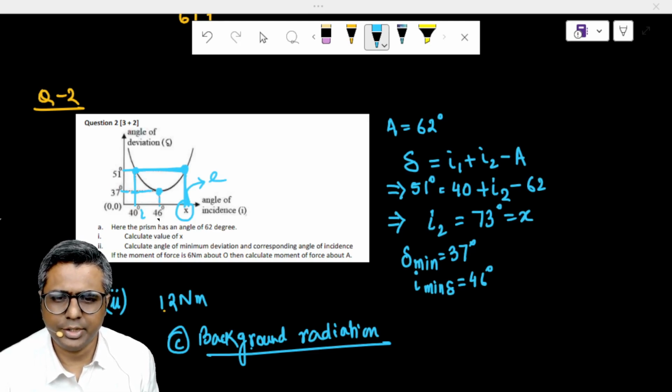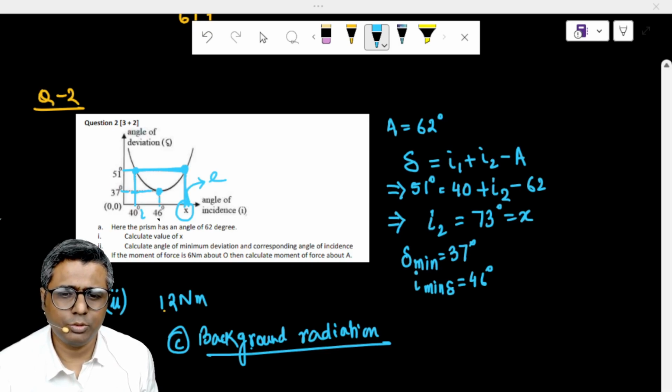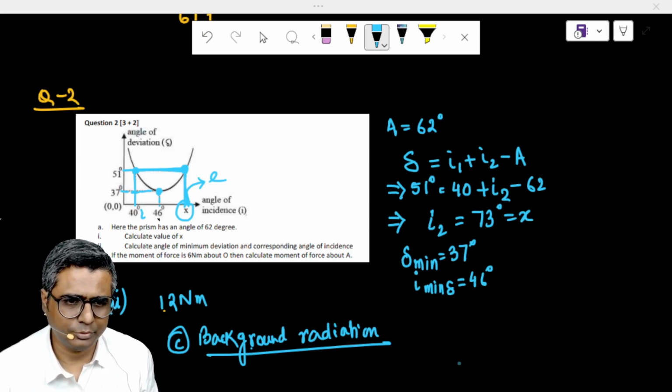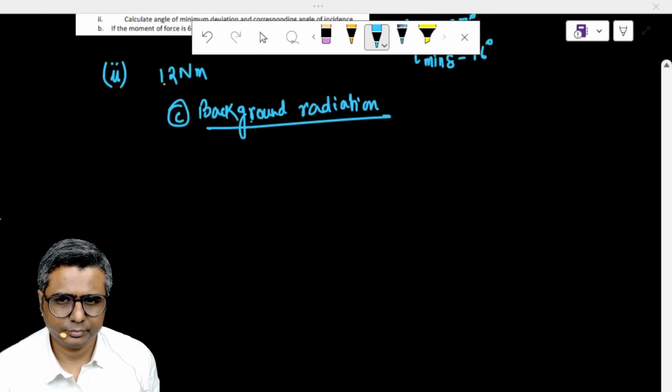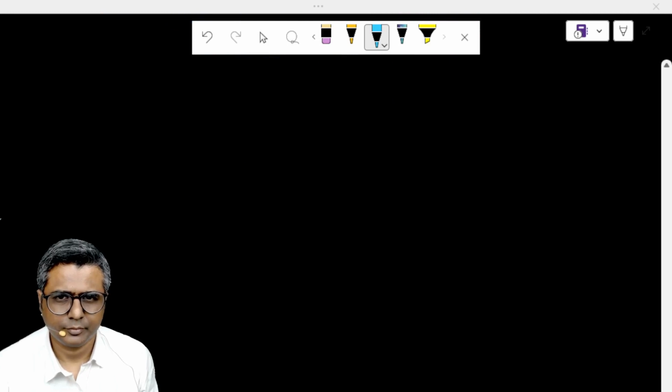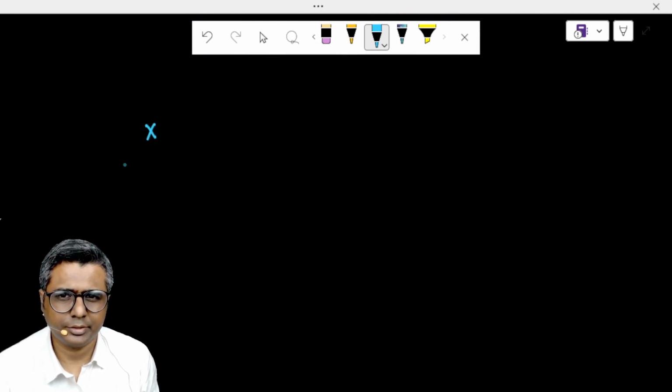Next question is, a nucleus loses 2 alpha particles. So what we'll do is I'll write the equation. Suppose this is Z, this is A. So it loses 2 alpha particles.